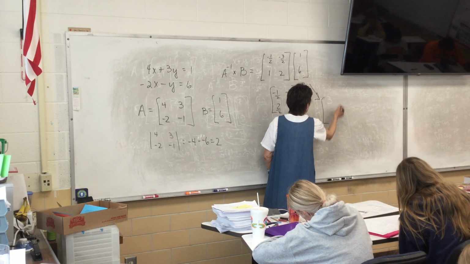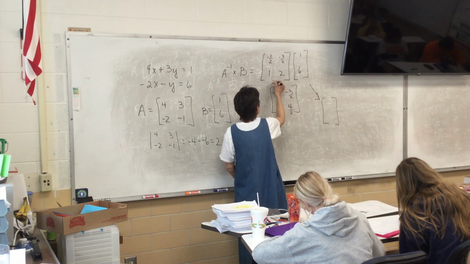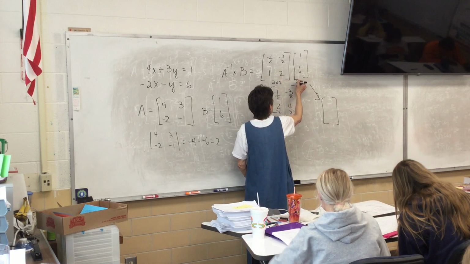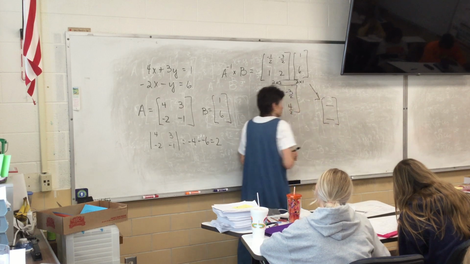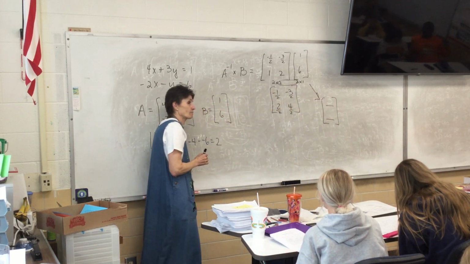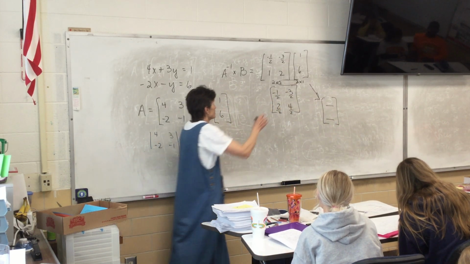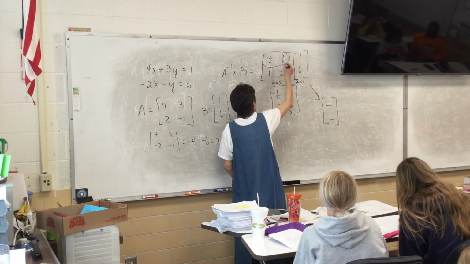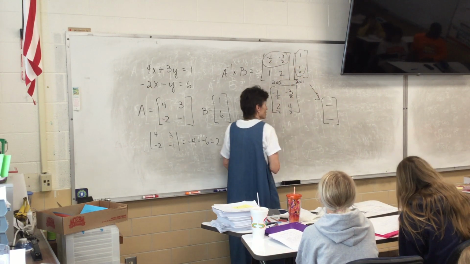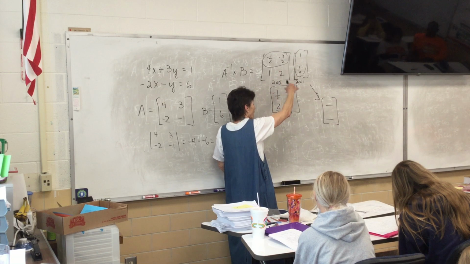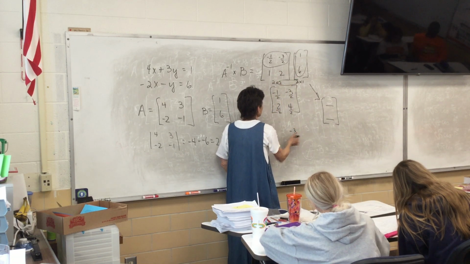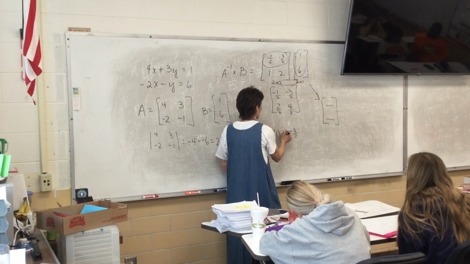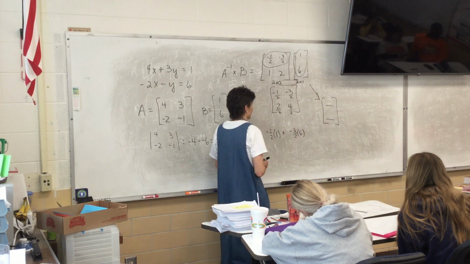So here we go. Again, we're timesing a 2 by 2 times a 2 by 1. So our answer is going to be a 2 by 1. So we're going to take these two numbers and multiply them by these two numbers. It's always row, column. So -1/2 and -3/2 are getting times by 1 and 6.